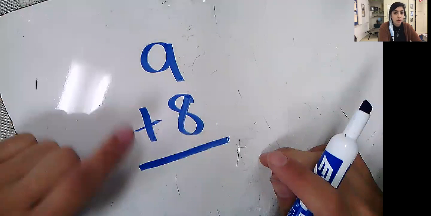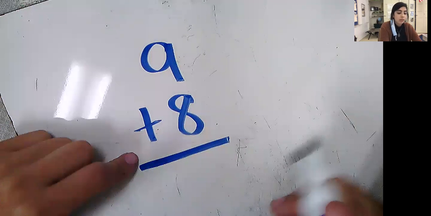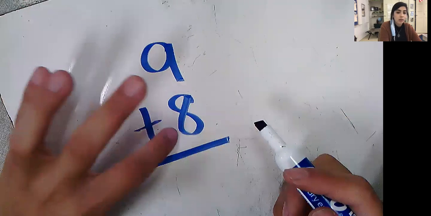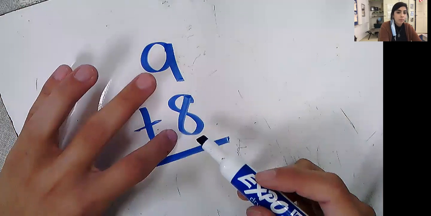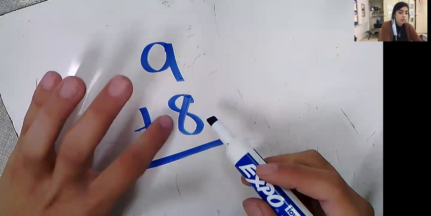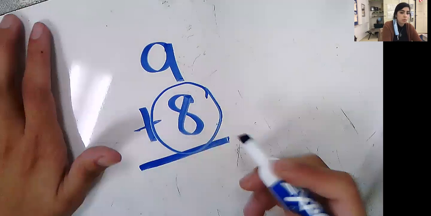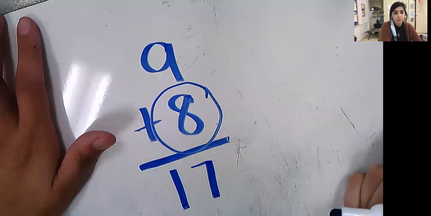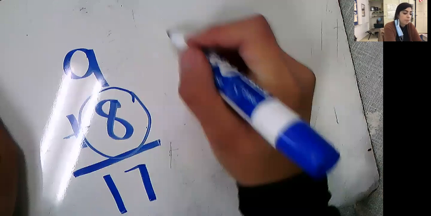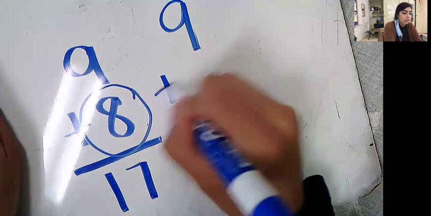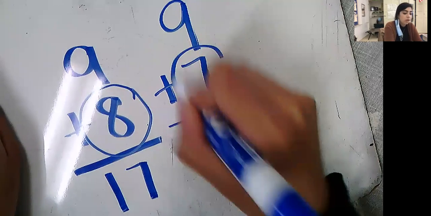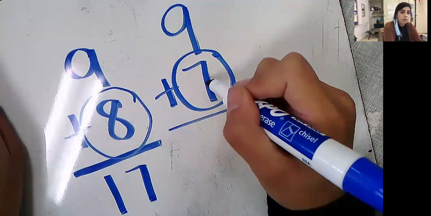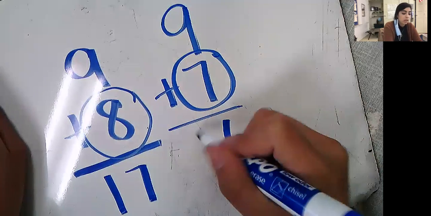And then you would subtract 1, so it's 17. So whenever you see 9 plus a number, we're going to put 1 less than 8, which is what? 7 and a 1. What about 9 plus 7? 1 less than the number, 6 and a 1.